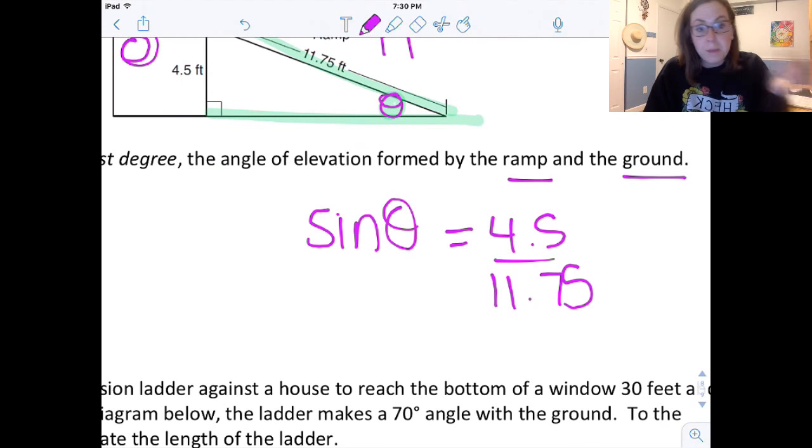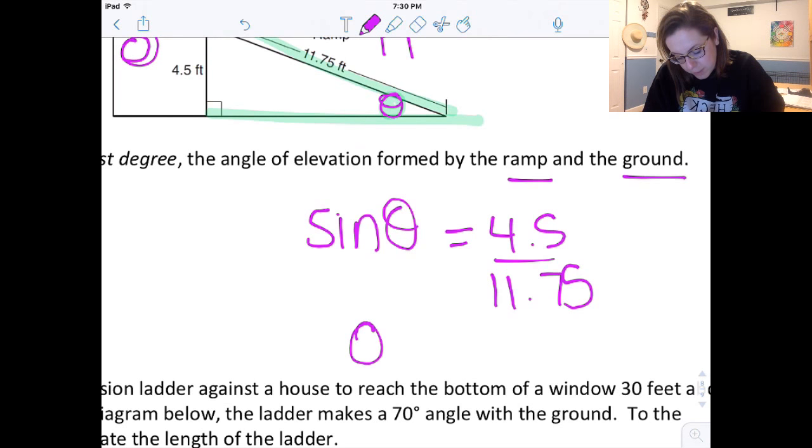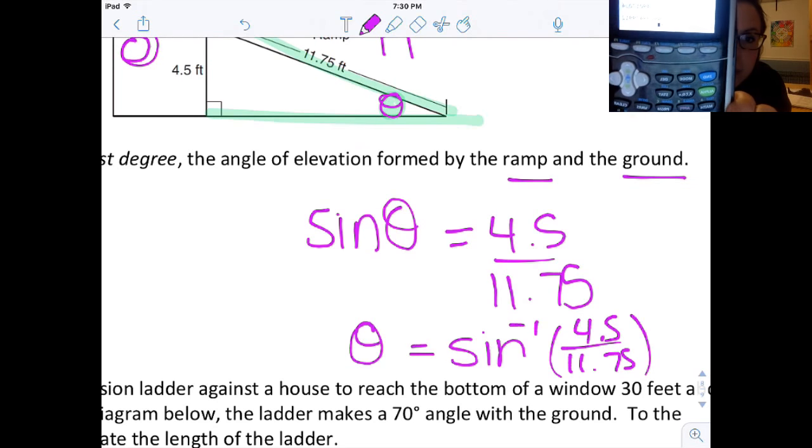Now, cross multiplying won't help me here. Sine and theta are like this. They're BFFs. So I'm going to do the inverse of both sides. Theta equals sine inverse of 4.5 over 11.75. I'm going to type that into my calculator. Second sine of 4.5 over 11.75. Boom.